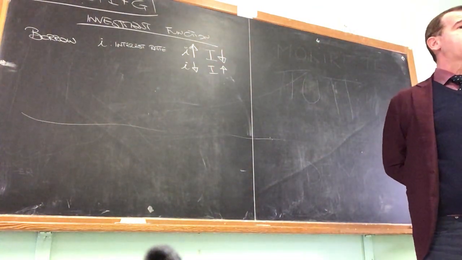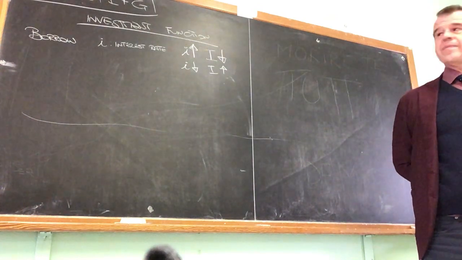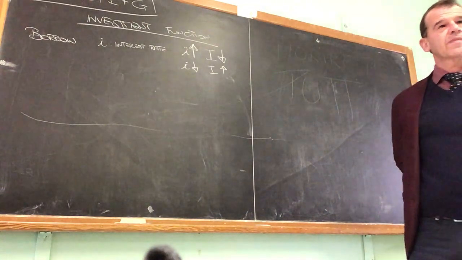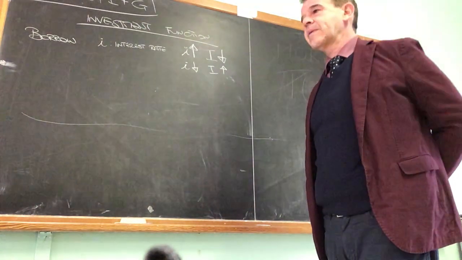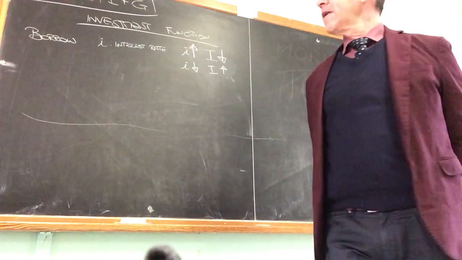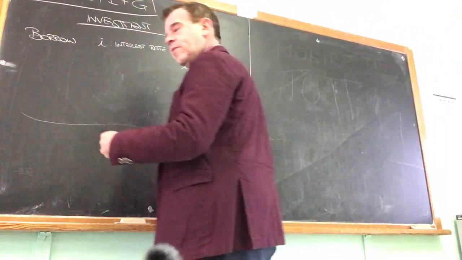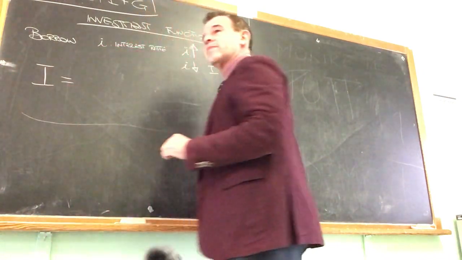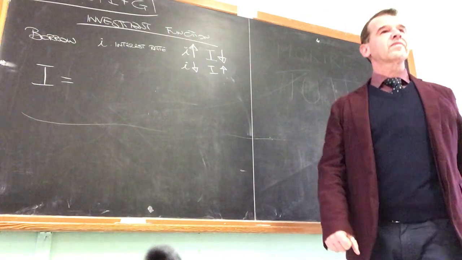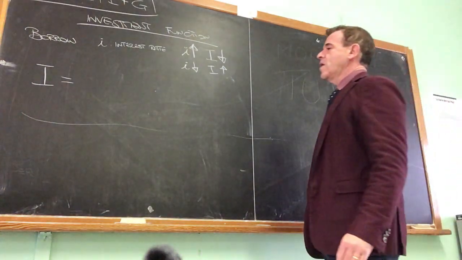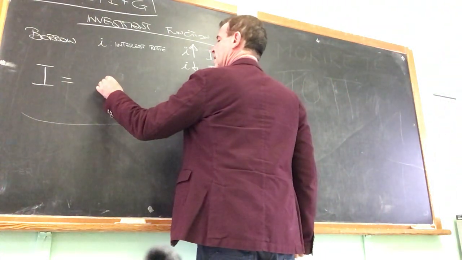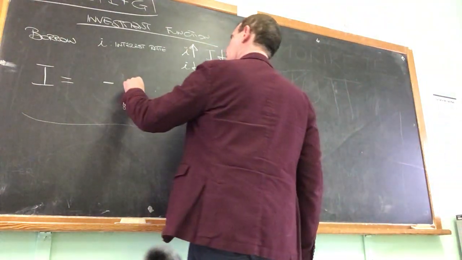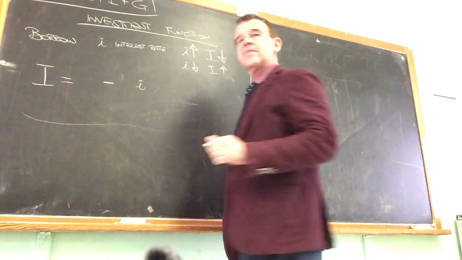An inverse proportionality. So, if we have to build the investment function, we already know we have a minus sign next to the interest rate.